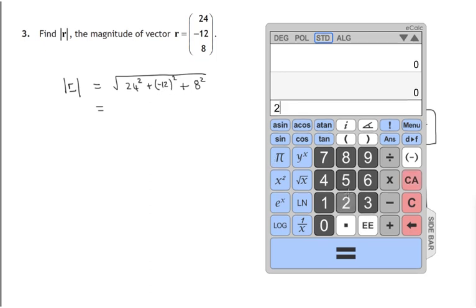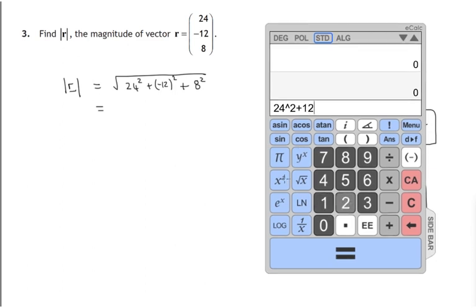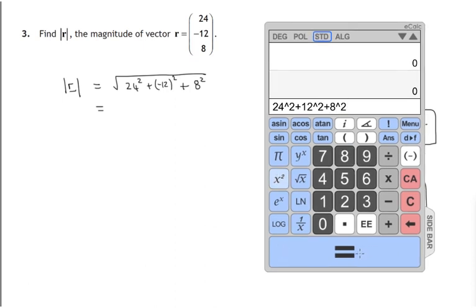So let's try that. 24 squared plus, now negative 12 squared is the same as 12 squared, 144 in both cases. So there's your 12 squared plus 8 squared, 64. There's 8 squared. So let's work out that.